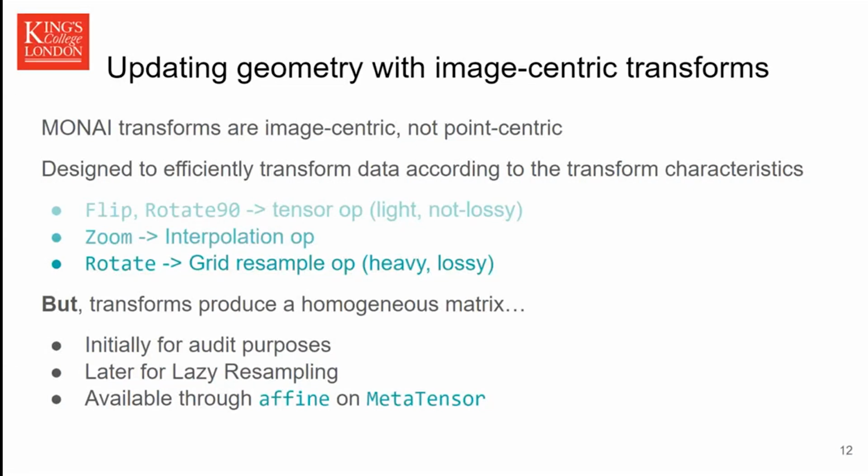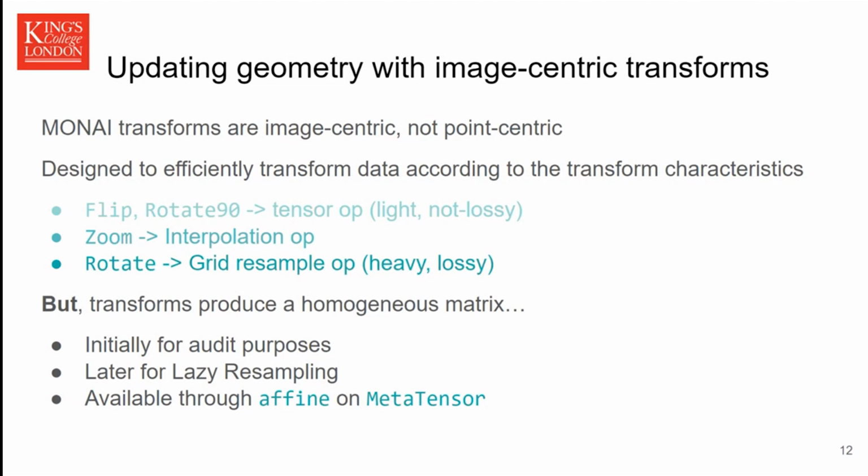If we, for example, are zooming the image, but we are not moving it away from the orthogonal, so we're not performing any kind of rotation on it, then we can use interpolation operations. But if we are doing things like rotation, then we might have to use a grid resample operation, which is quite heavy and lossy. And each of the MONAI transforms is implemented in terms of the best way to do that particular operation on image data.